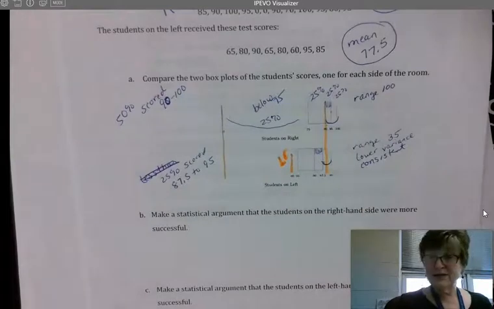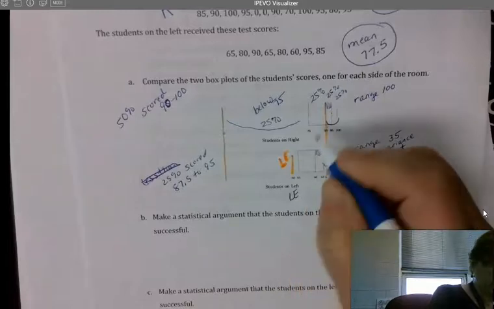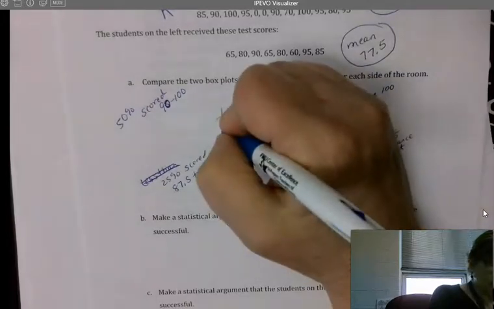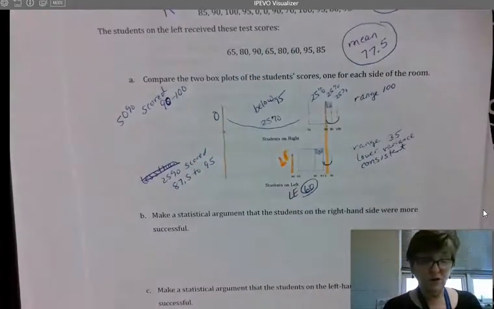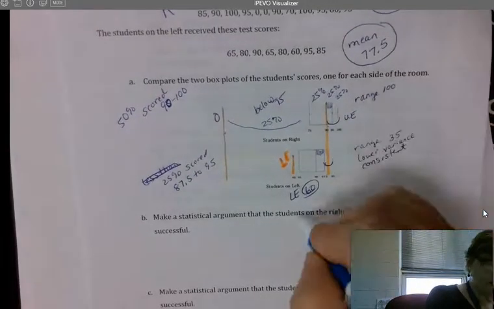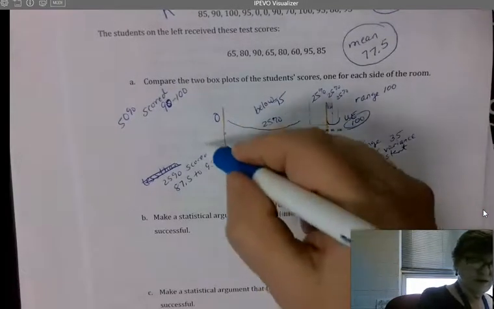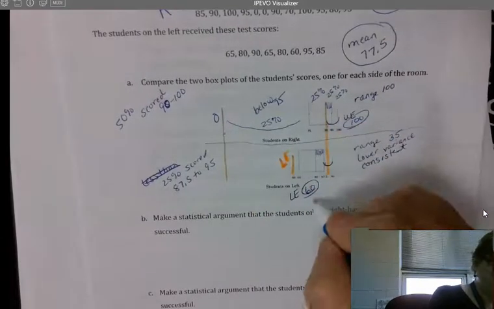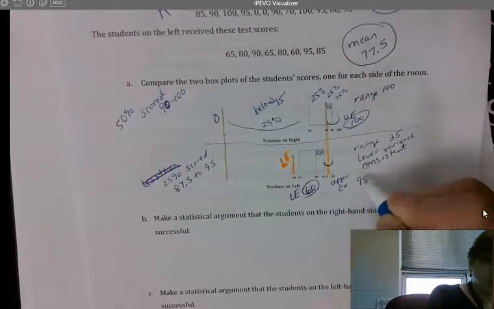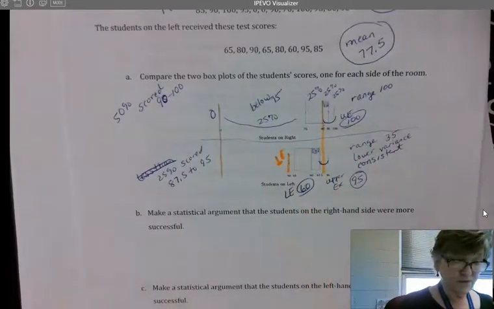There is a very big difference in data when it's starting at a 60 for my extreme low, and this one is at 0. Very large difference. Here we have our upper extreme, which is 100. And on this one, our upper extreme is a 95. Not a large difference in that information right there, but still some significant information.